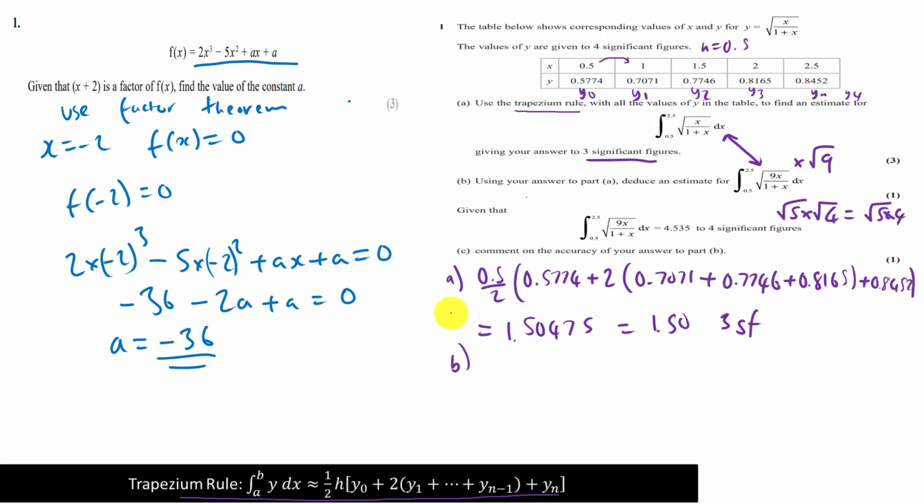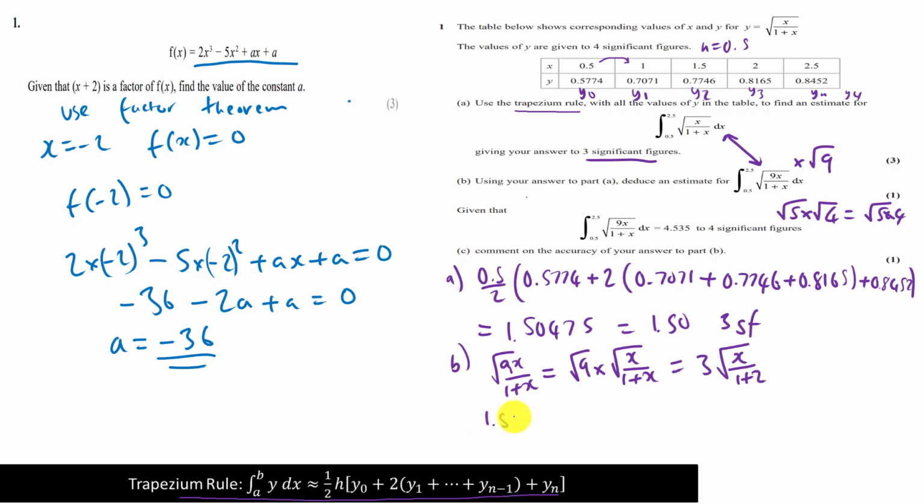So root 9x over 1 plus x is the same as root 9 times root x over 1 plus x. Now root 9 equals 3, so that's 3 root x over 1 plus x. So you'll just triple your answer in part A.